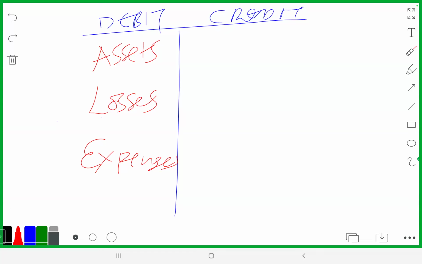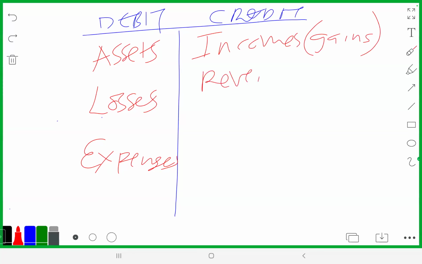Now, what elements are always credited? We credit all the incomes, right? If you don't want to say incomes, you can say the gains. All the gains, or the incomes, all the revenue, or sales if you want.